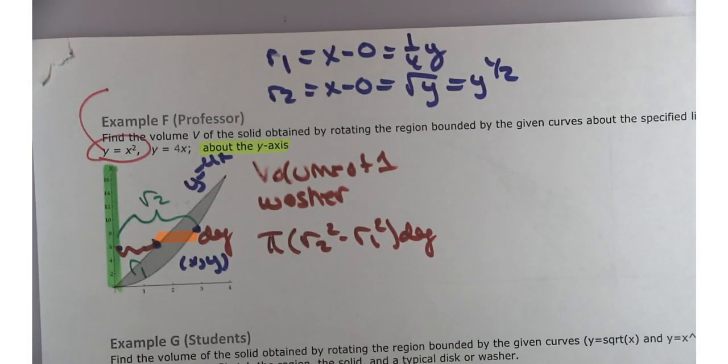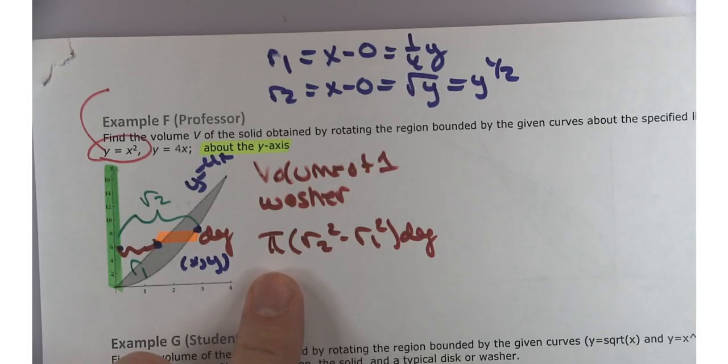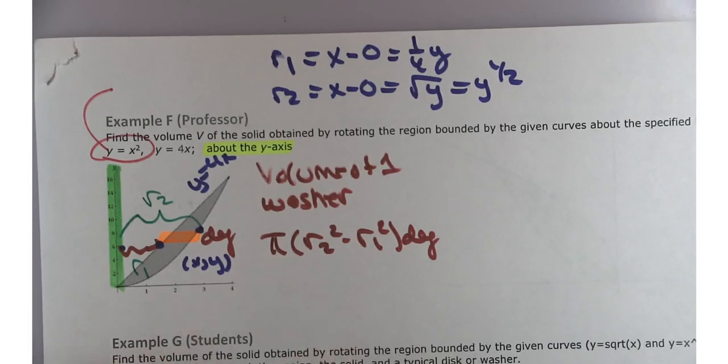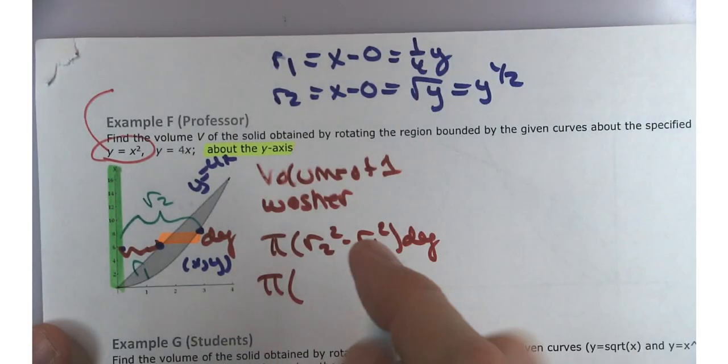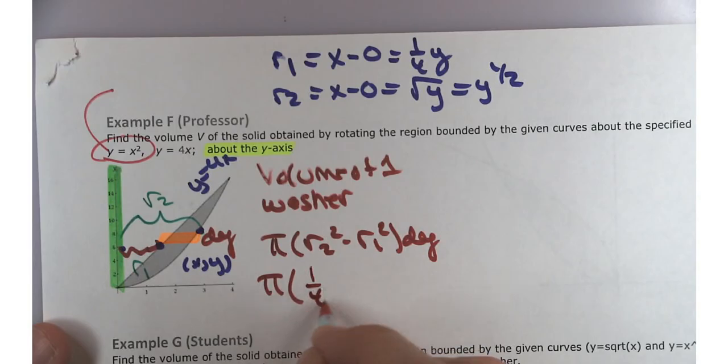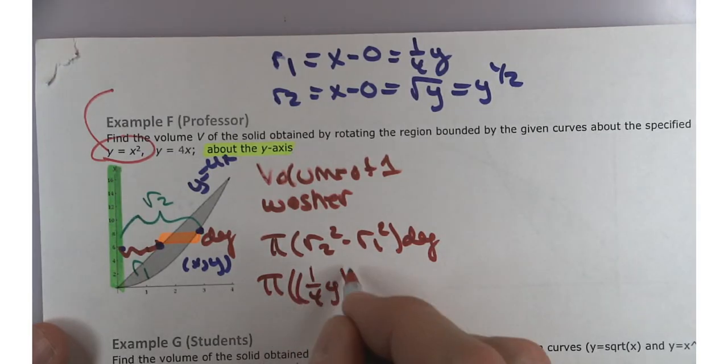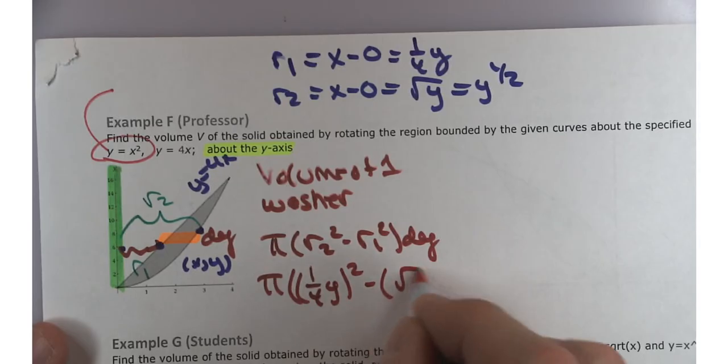Now, let's plug those things in here. It's going to be pi times 1/4 y squared minus square root of y squared dy.